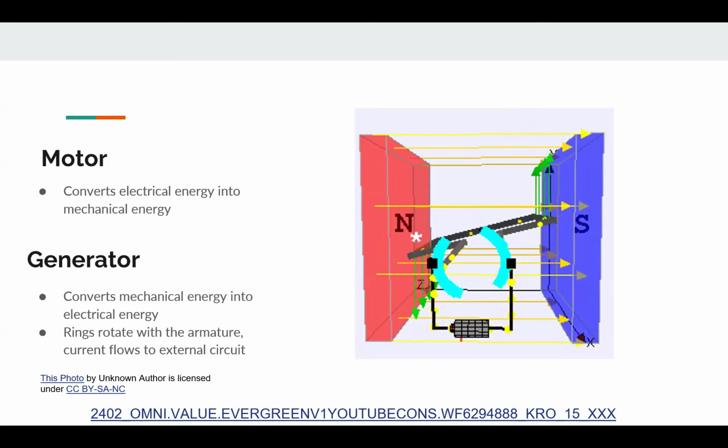Now, the reason that we're talking about it in this class is because the way that you start with electrical energy or mechanical energy in a motor and a generator is through a magnetic field. So you can see here on the slide that if we looked internally at a motor and generator, there's this armature inside, and you can see that rotating right now, right?